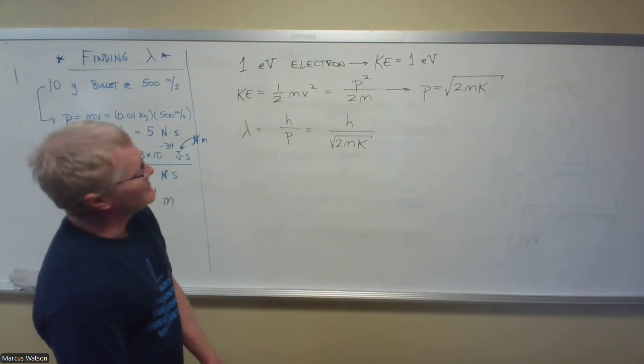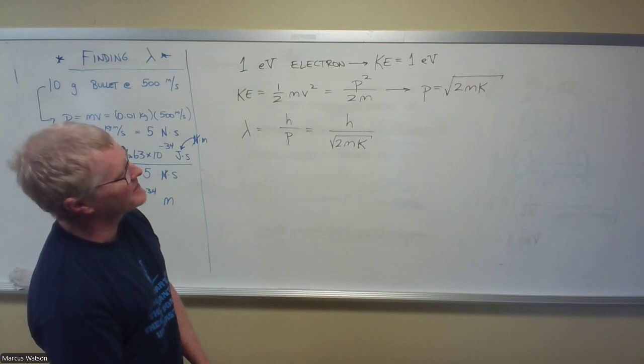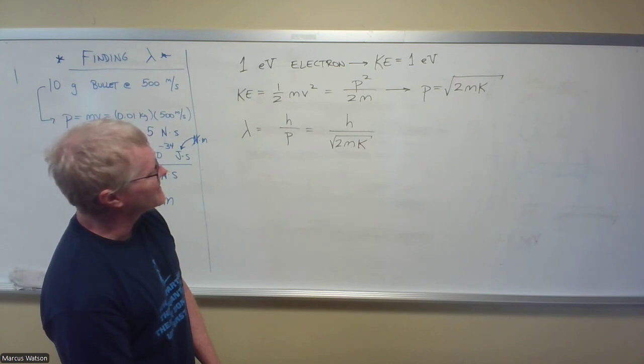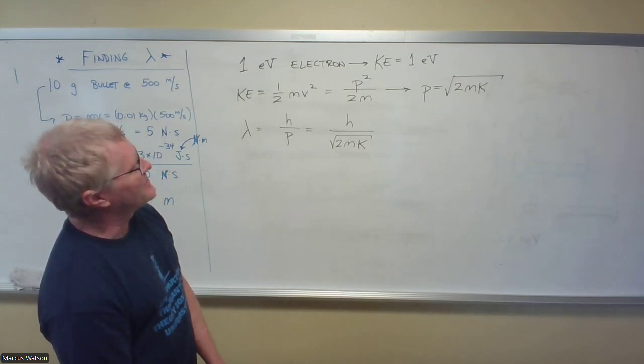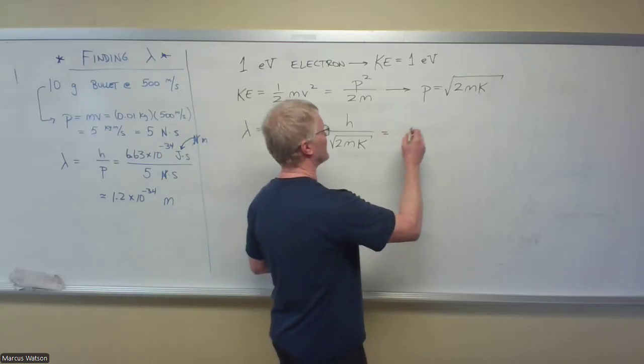I'm going to lie. I lied. I said I was going to do it in regular units. I don't want to do it in regular units. It's an electron. No, all right, I'll do it in regular units, just to give you an idea.